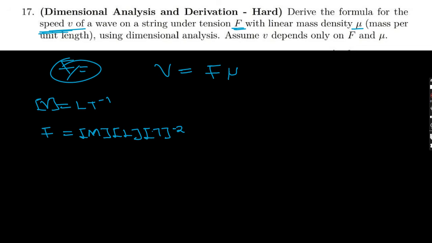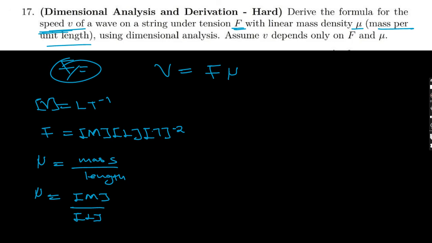Okay, what about linear mass density? Linear mass density, guys, is defined as mass per unit length. So linear mass density is given by mass over length. So to derive the dimensions for linear mass density, the one for mass is M and the length is just L.